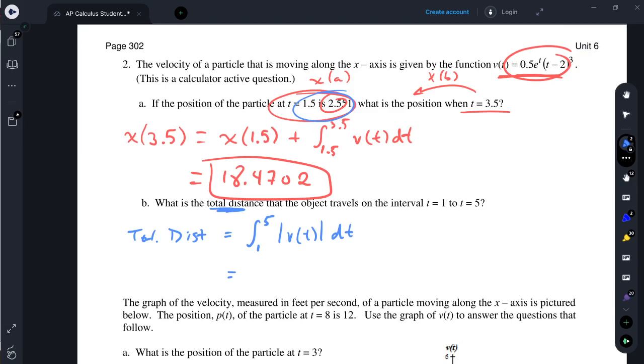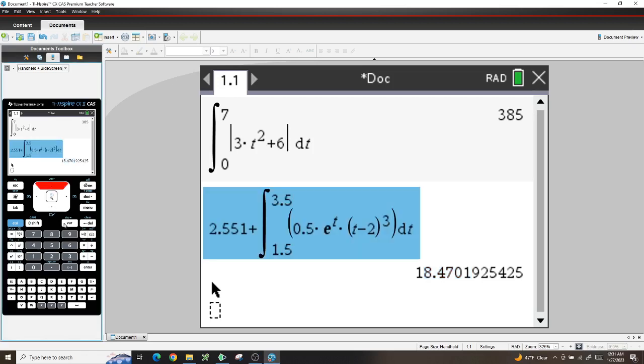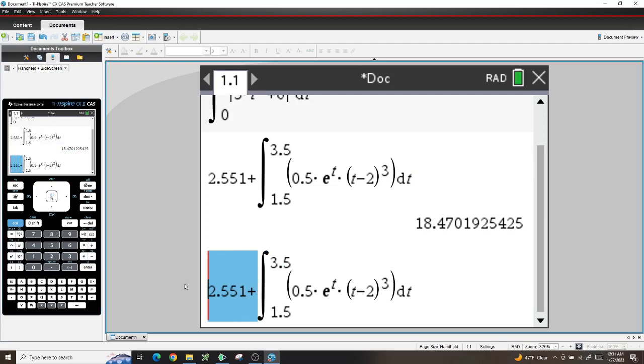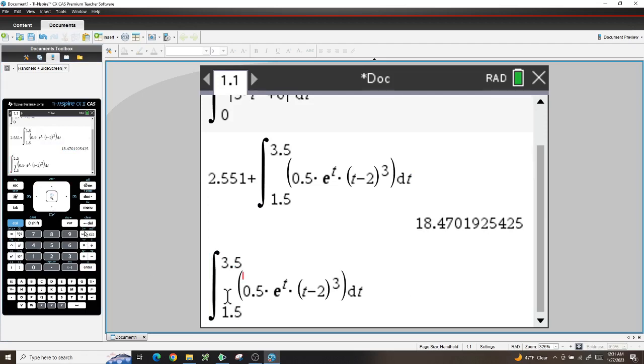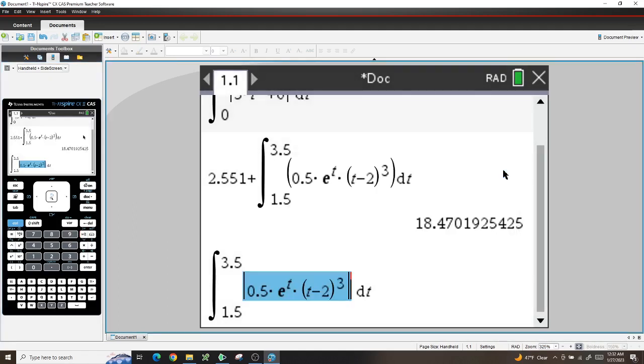So coming back over to our calculator, what I will do is come up here, highlight this, select this part, delete it, and then if you hold down shift right here and highlight all this, once it's highlighted, go to this button to the left and press the absolute value, and it will turn all of that into absolute value.